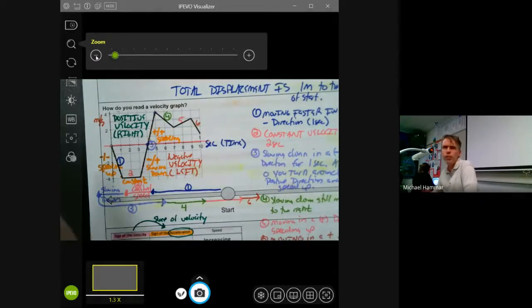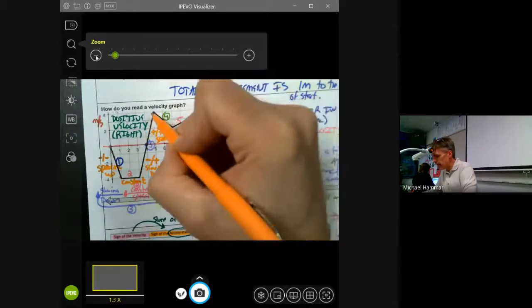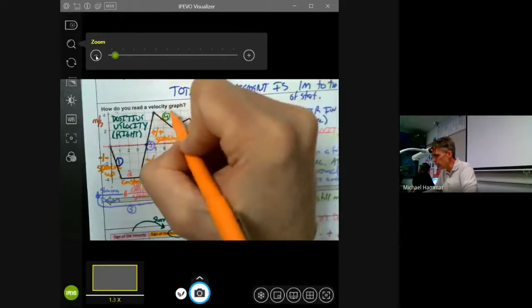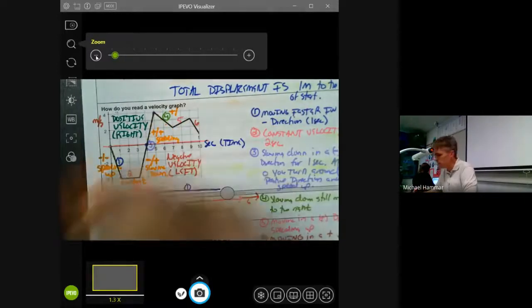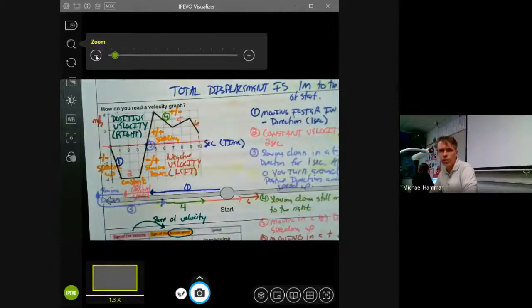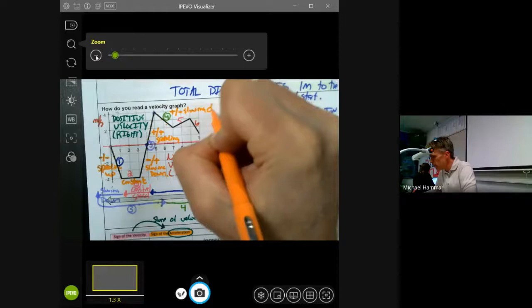Okay, so this is how we go about figuring out, is the particle getting faster or is it slowing down? So in step 4, please note that in this case, the velocities are all positive. But what's happening with the slope of the line? The slope of the line is negative. So what is this object doing? We are slowing down.